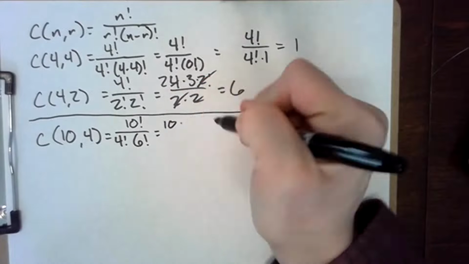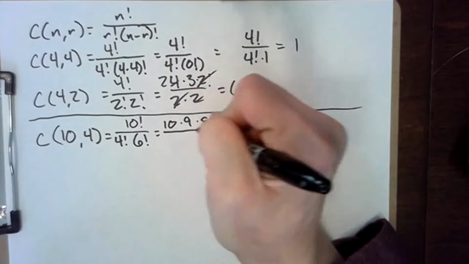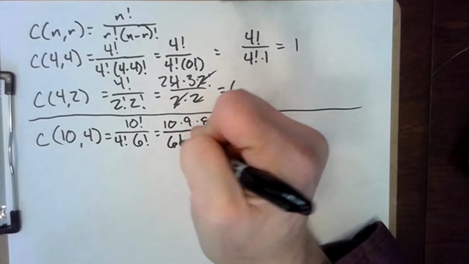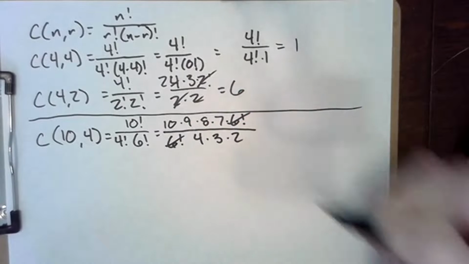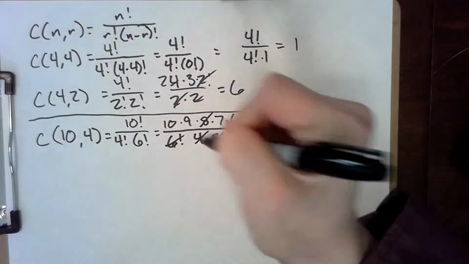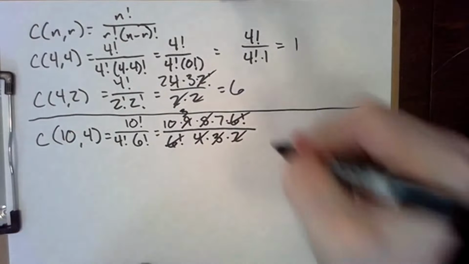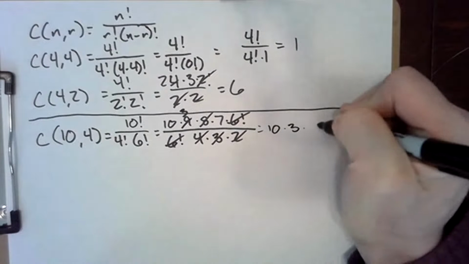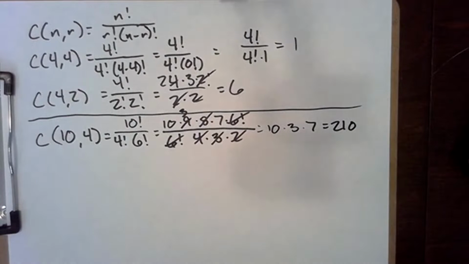So I can write that as 10 times 9 times 8 times 7 times 6 factorial over 6 factorial, times 4 times 3 times 2. Well, 4 times 2 is 8, so I can get rid of that right away, and then I'll get rid of one of the 3's in the 9, which leaves us with 10 times 3 times 7, which is 210 ways to establish a subcommittee of 4 people from a Senate committee of 10 people.